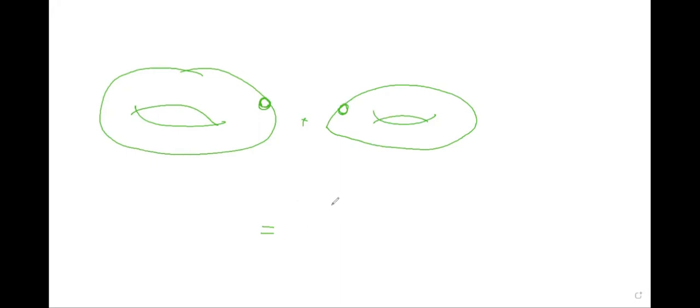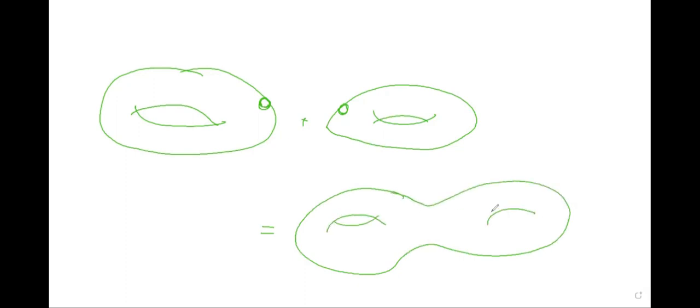So you will have something like this. So here you have glued, through this. This is the connected sum of two tori.